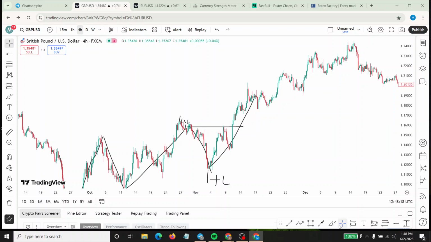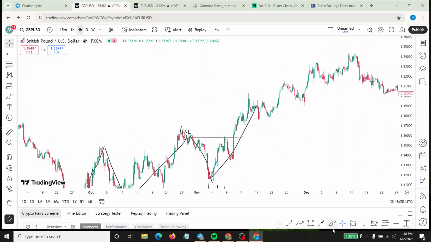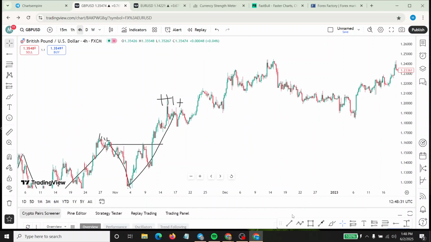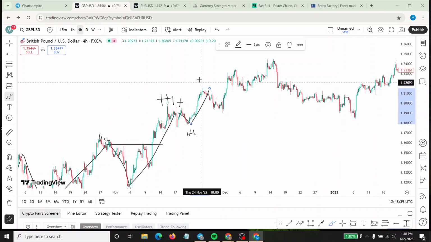You can see how the trend of the market changed from the bearish into the current bullish format we are seeing. So the market gave us a higher high again. The market gave us a higher high, giving us a little pullback. It's still the same higher low here, and creating a new higher high.